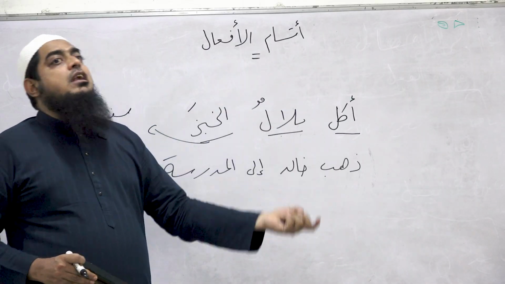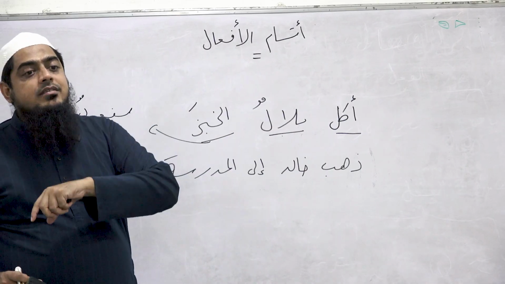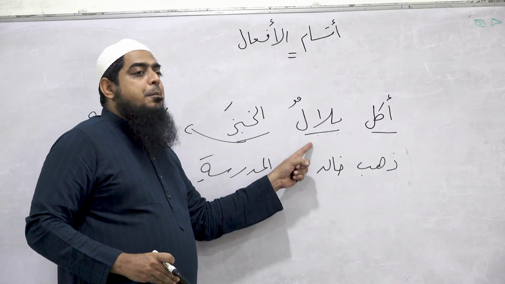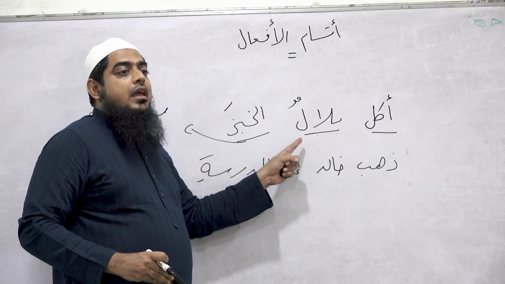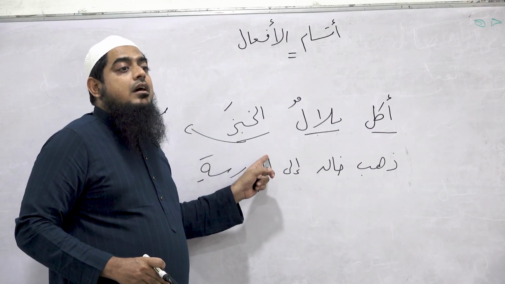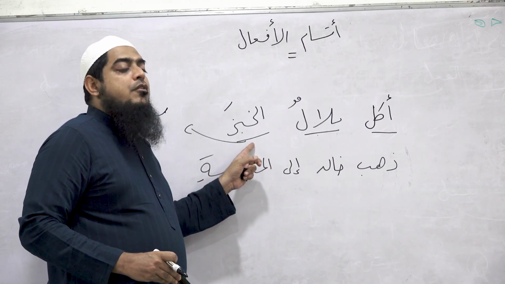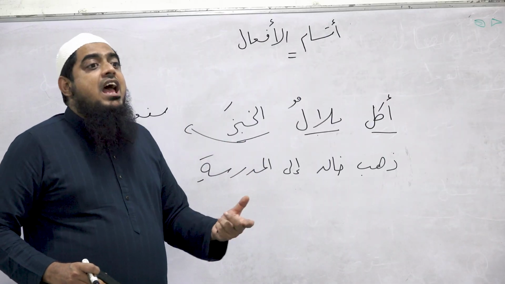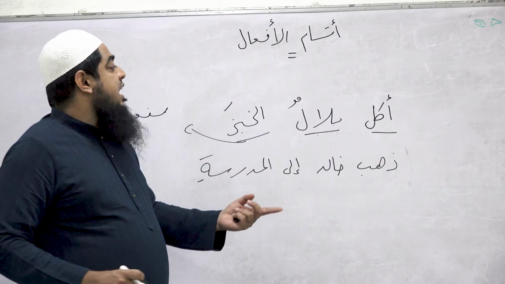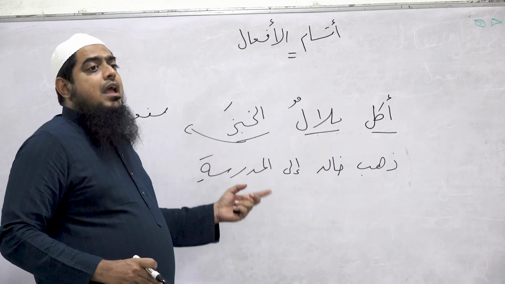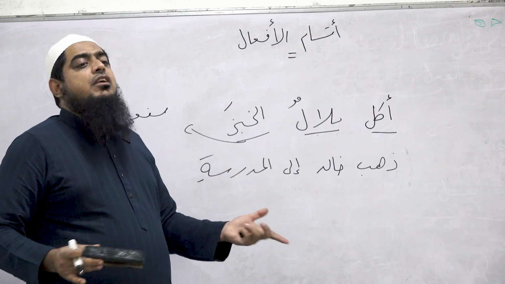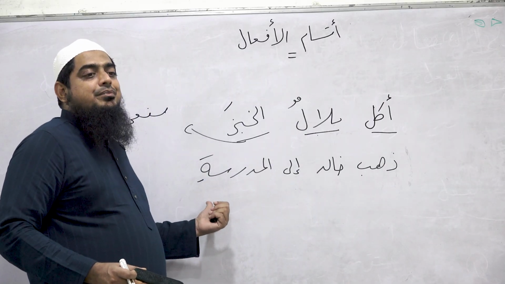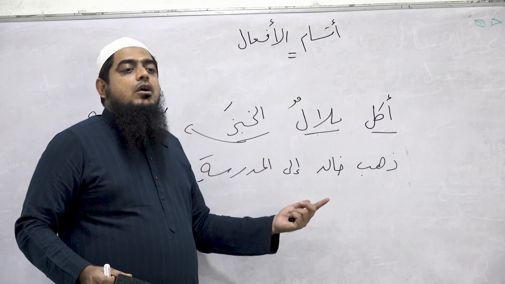And that action is done by somebody and that doer is fa'il. So here Bilal is a person who is eating. And the thing which is being eaten is al-khubza. So this is called maf'ulun bihi. In Arabic language, we have some fi'l which can have maf'ulun bihi like this. And some fi'ls, they don't take maf'ulun bihi, like what you have here. ذهب خالد إلى المدرسة. ذهب meaning went.